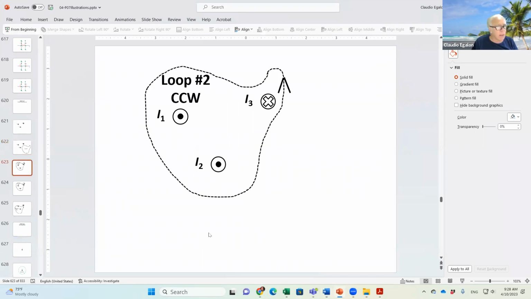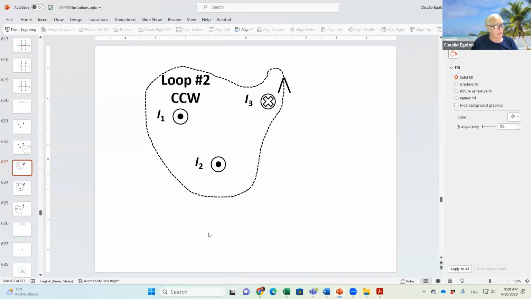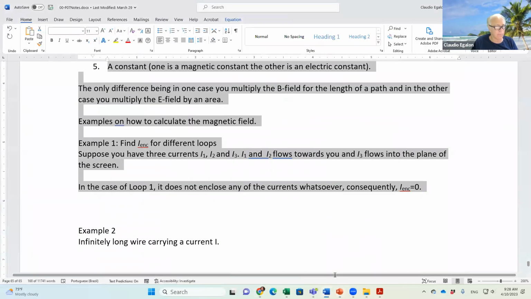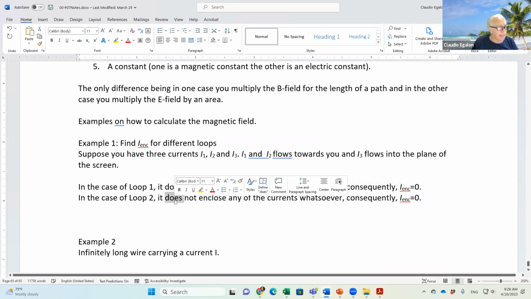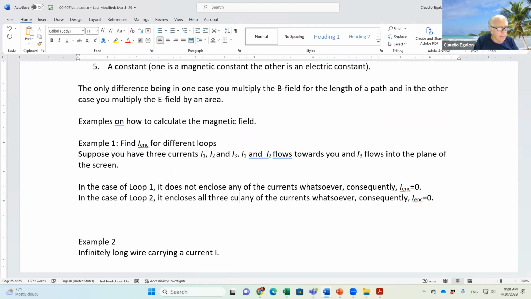This is loop 1. That's loop number 2. In the case of loop 2, in the counterclockwise direction, it encloses all 3 currents.